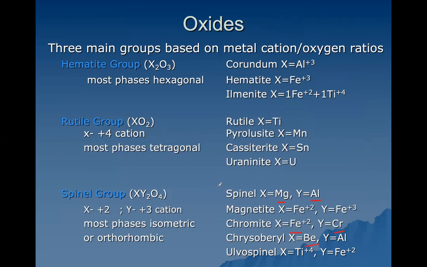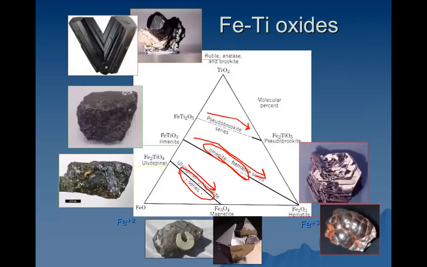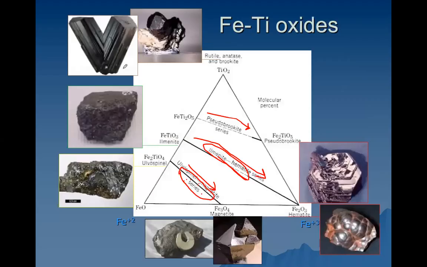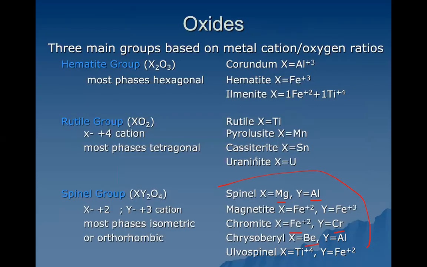So this is a little bit complicated because this is the group which has a complex solid solution chemistry, right? And you can see here magnesium and titanium is mixed, and here magnesium and chromium is mixed. And here you have magnesium and aluminium mixed. And this is the so-called normal spinel, right? Magnesium and aluminium. And again you have this magnetite site, right? Magnetite site.